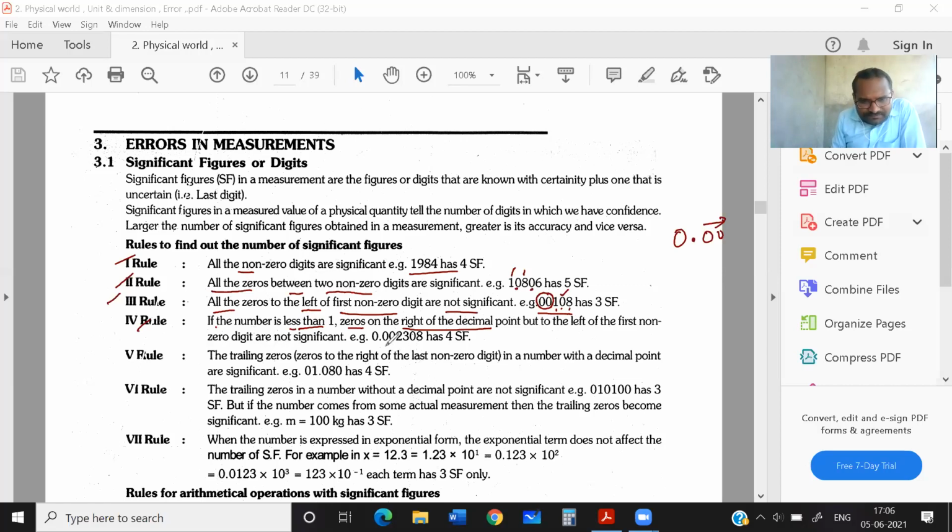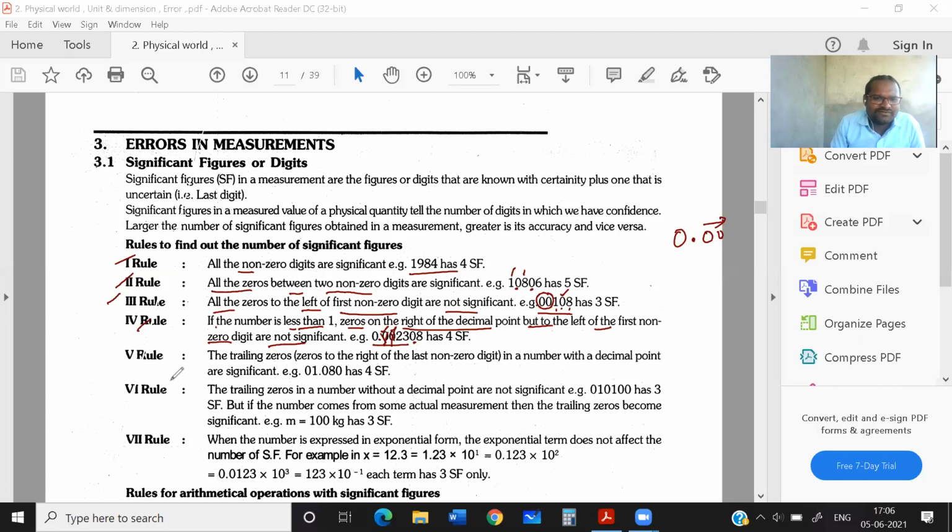In this, these zeros are not significant because they are to the right of the decimal point and to the left side of the first non-zero digit. So these are not considered as significant figures, but this 0 is a significant figure.